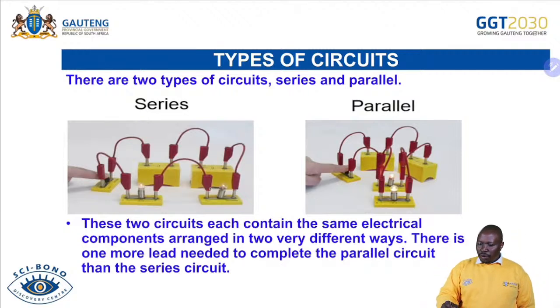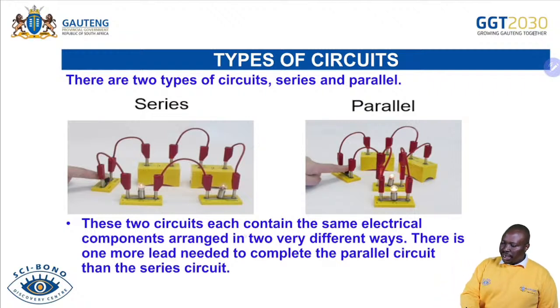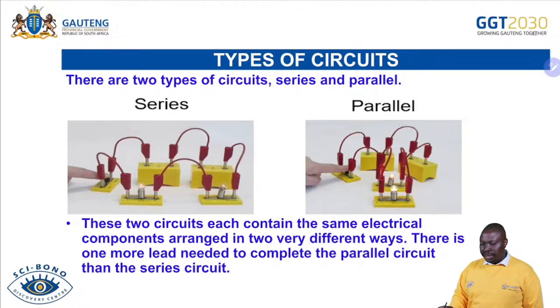However, if you look at the connection on this side, you will see that this is a parallel. It's no longer following that. If you check, all of them are connected at the same points there as indicated. Hence, these two circuits each contain the same electrical components arranged in two different ways. There is more lead needed to complete the parallel circuit than the series circuit.